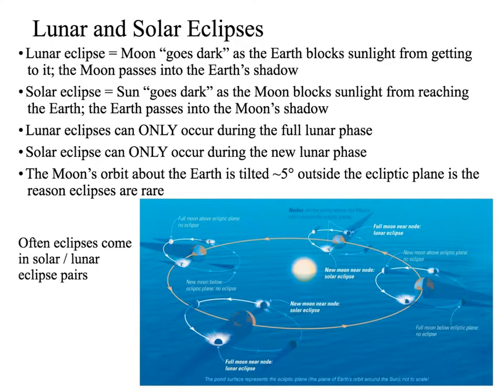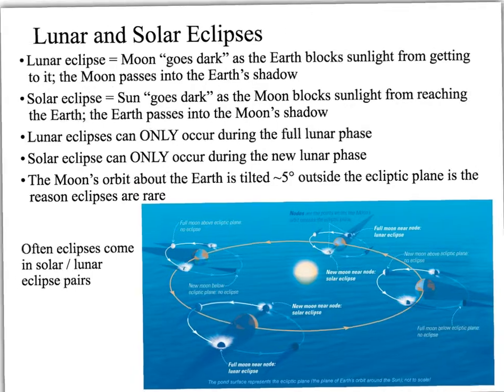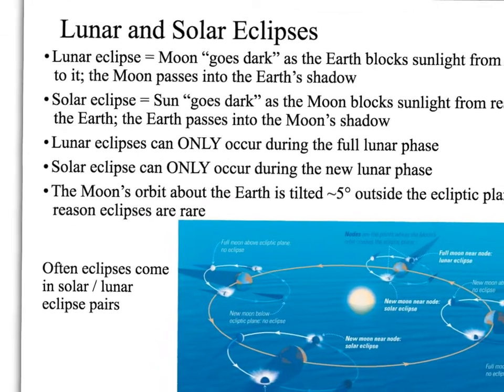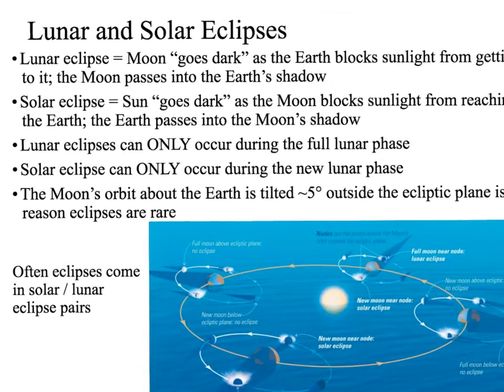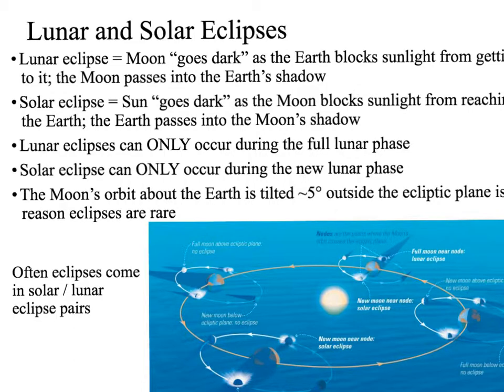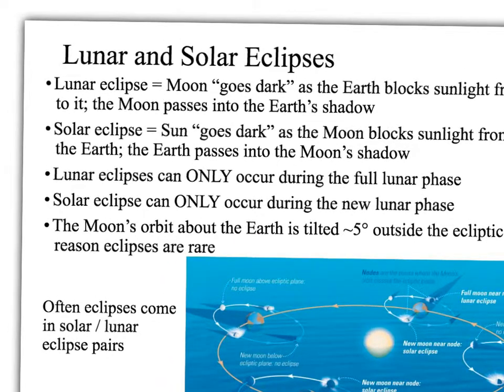Okay. You should have this slide. So a lunar eclipse is when we can no longer see the moon, and that happens only potentially when the moon is in its full phase. What's happening there is that the moon is passing into the Earth's shadow.